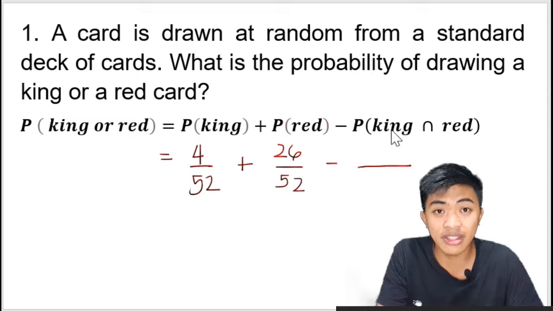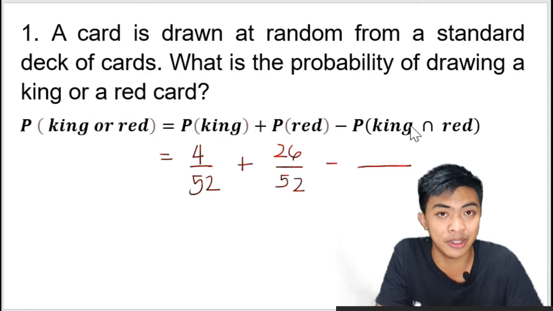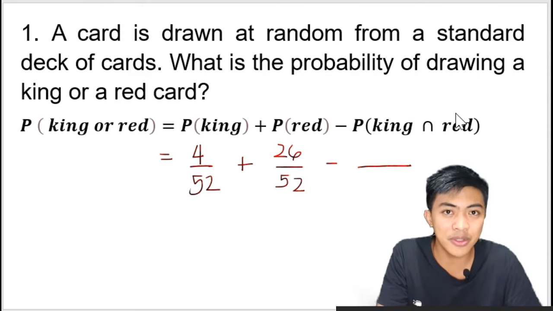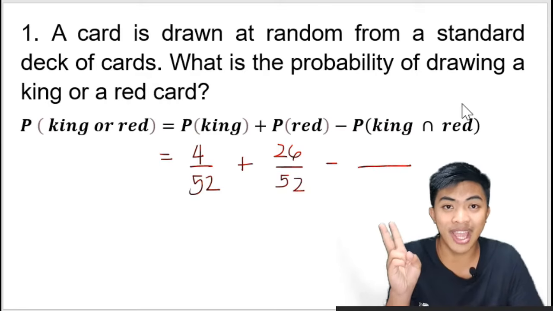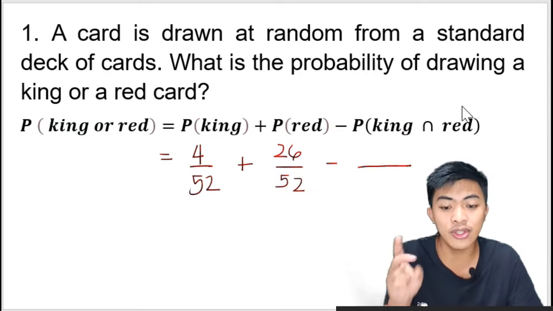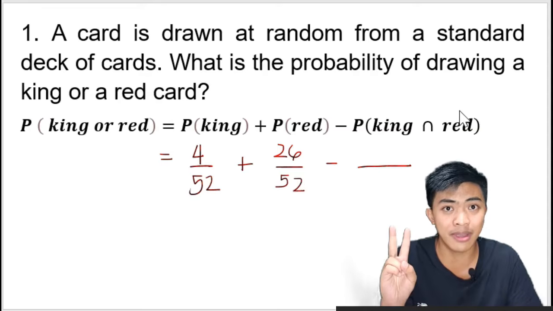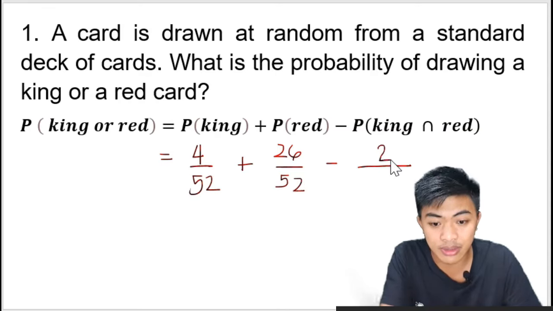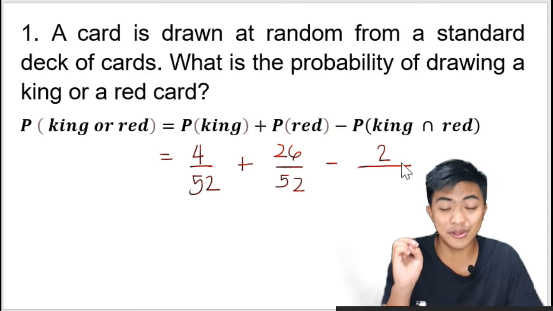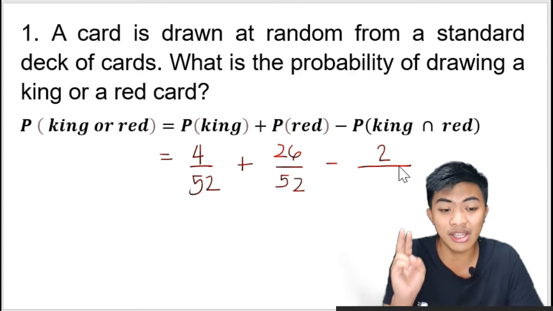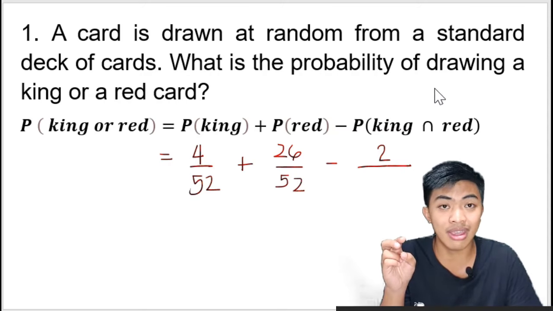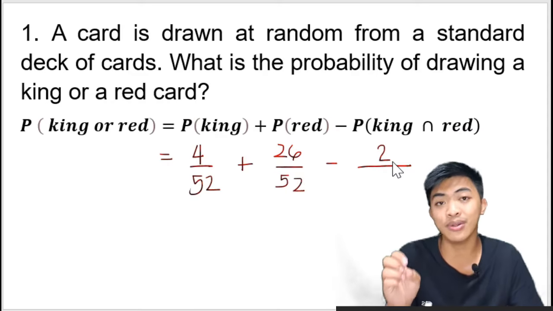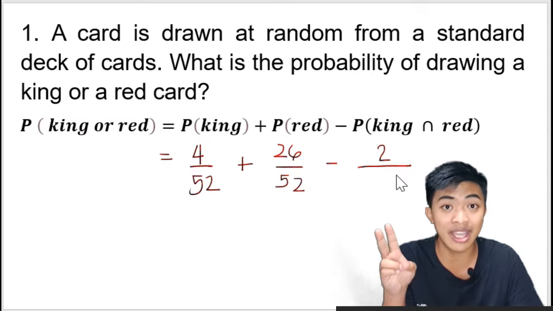To get the numerator of this probability, we just have to count how many cards are a king and red at the same time. Think of the cards: there are two red king cards, the King of Hearts and the King of Diamonds. So since there are two, that is what we put here. Where did the 2 come from? It is the number of cards that are both king and red. There are two because those are the King of Hearts and the King of Diamonds.